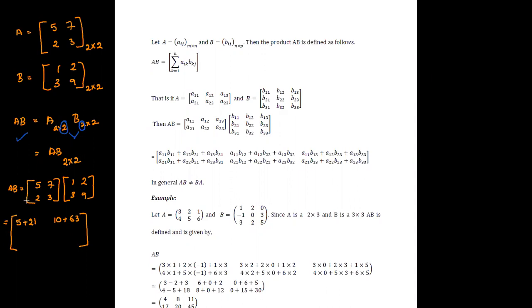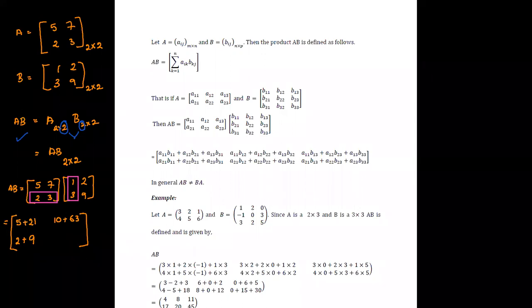And if you move to the second row of the first matrix, it has to be multiplied with the first column of the second matrix now. If you perform this calculation, then 2 times 1, this has the value as 2, plus 3 times 3, 9.